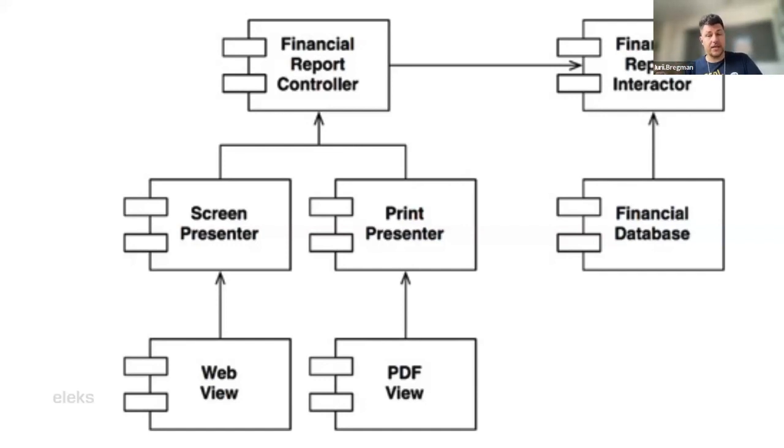Changes to the database, which would be, remember, the chief technical officer's responsibility, or the controller or the presenter, which could be a responsibility of other actors, and so on, or the views, which can be marketing or whatever, will have no impact on the interactor.